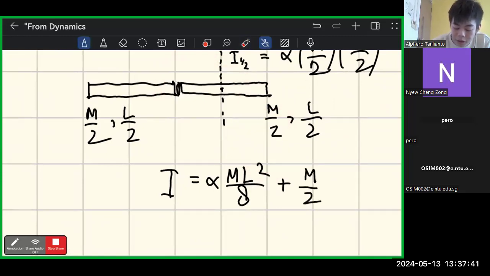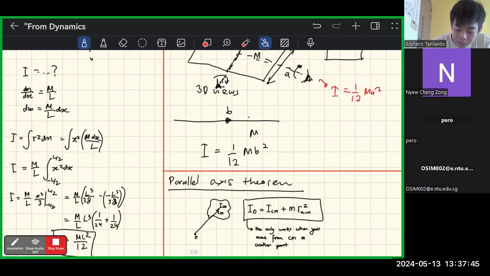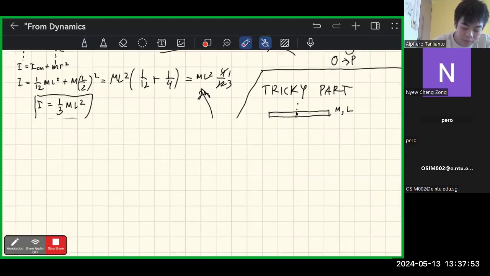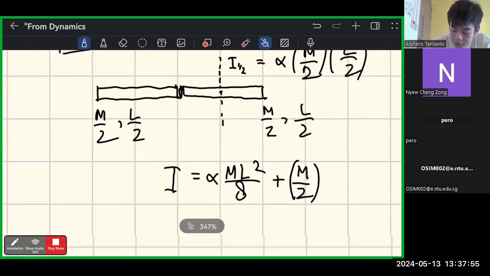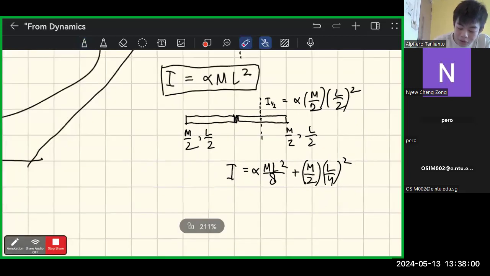Its mass is M over 2. So the parallel axis theorem is the I center of mass added by its mass times R squared, the distance between the center of mass and the new point. M over 2, and the distance is L over 4 squared, right? And this is for this half with respect to this point.